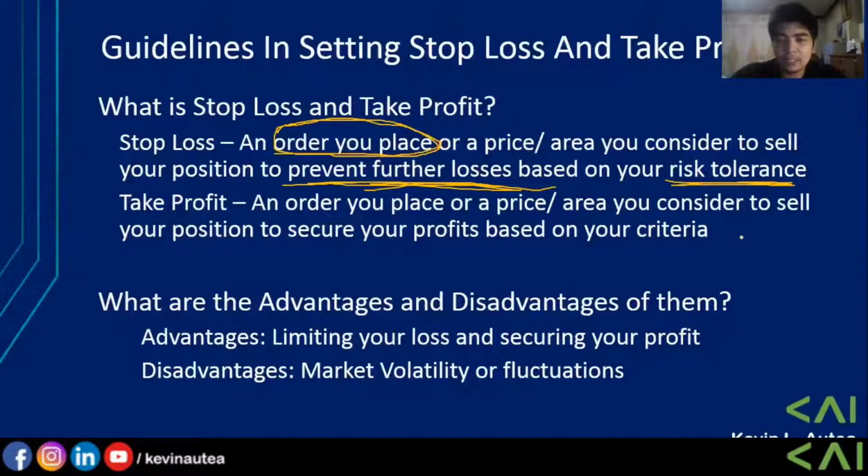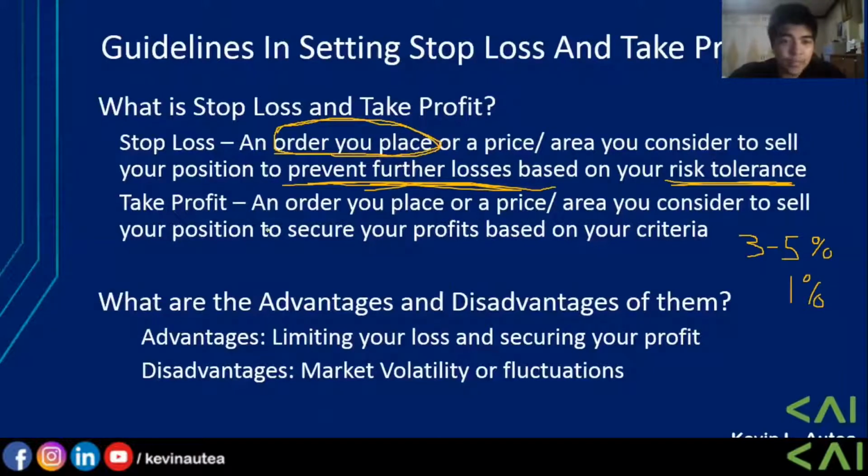Let's say the usual is 3 to 5, or some people use 5 to 8% loss per trade, or that's value at risk, or they're protecting their capital by about 1%. We'll discuss more of it soon, the exact risk management or risk reward ratio.